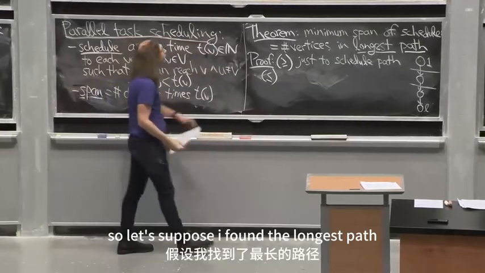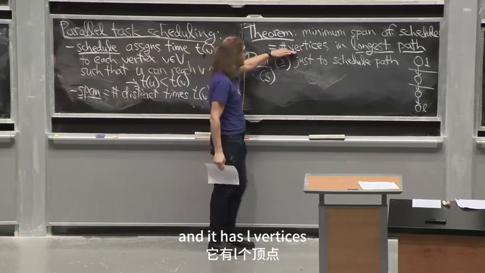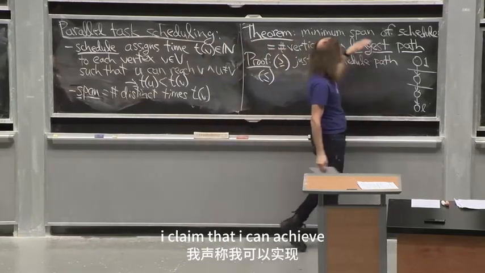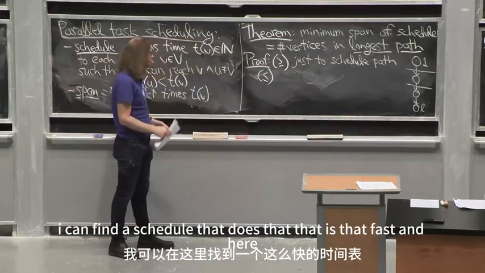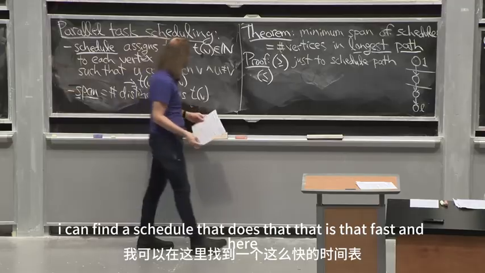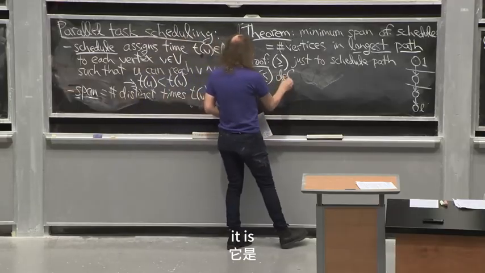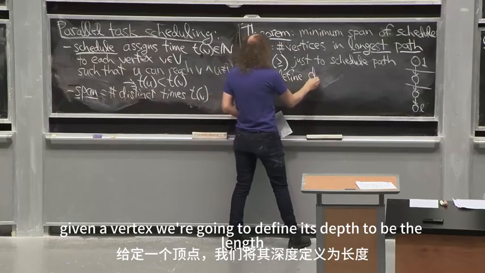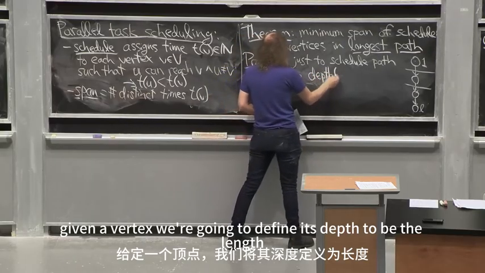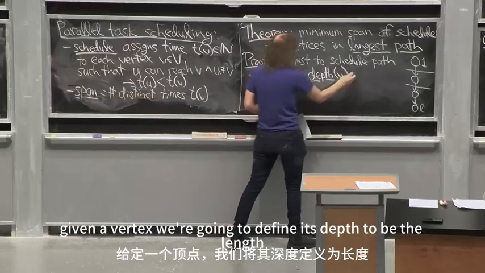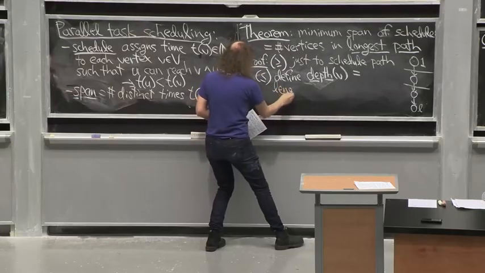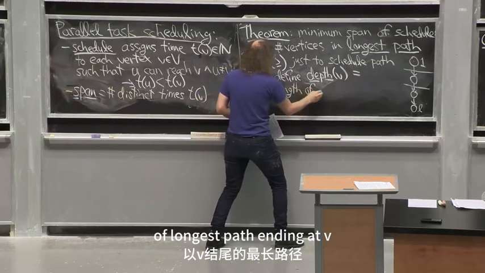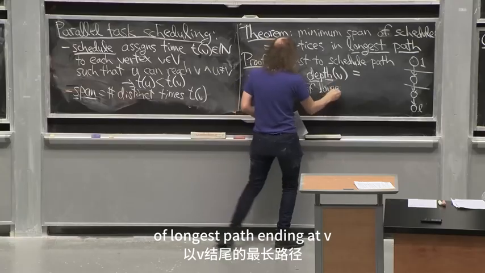So let's suppose I found the longest path, and it has L vertices. I claim that I can find a schedule that is that fast. And here it is. Given a vertex, we're going to define its depth to be the length of the longest path ending at v.